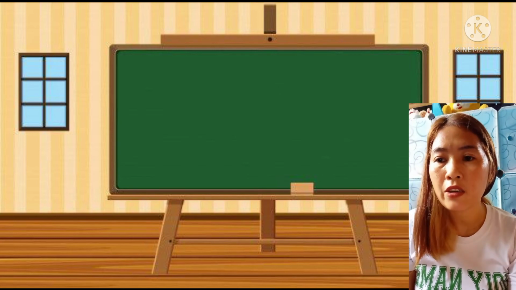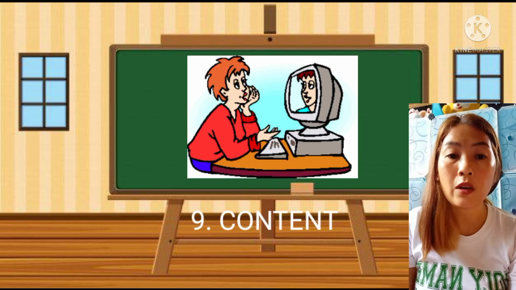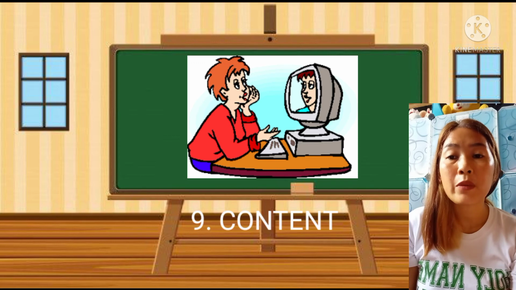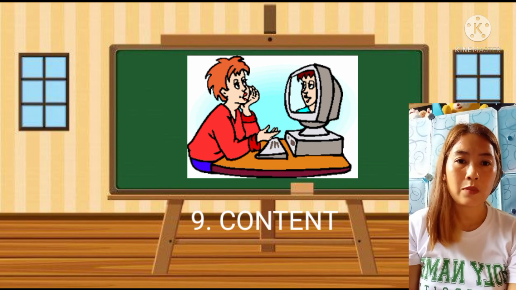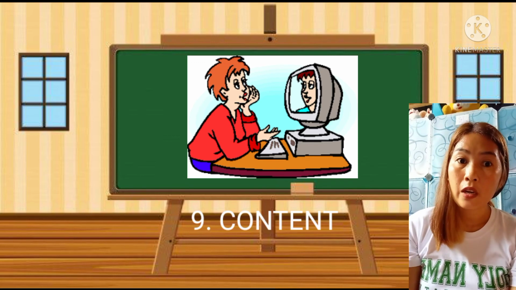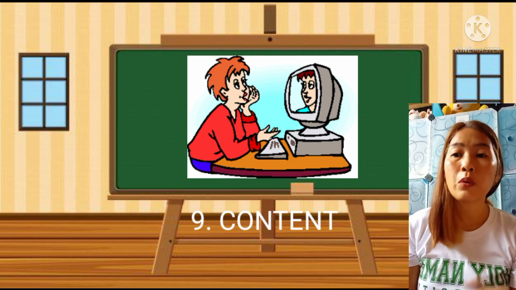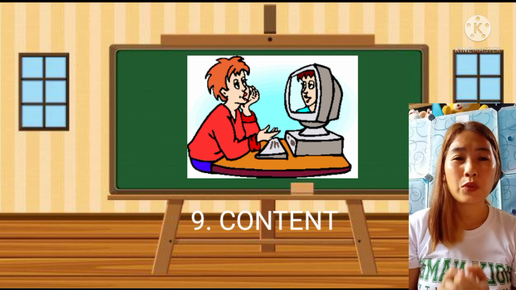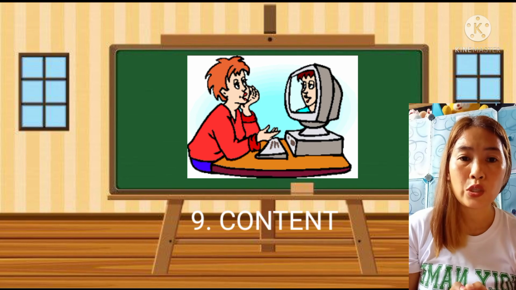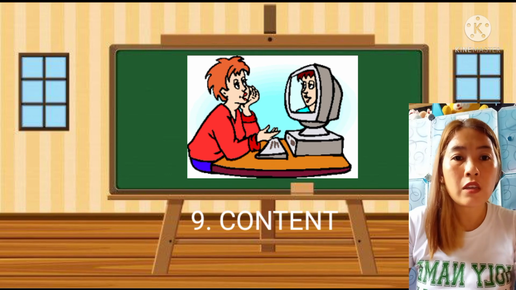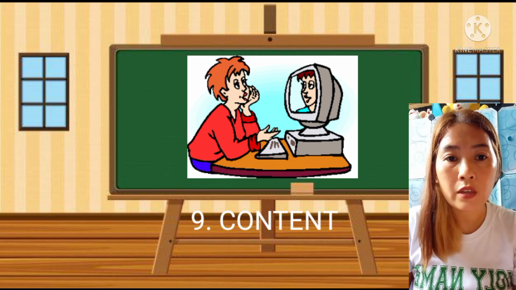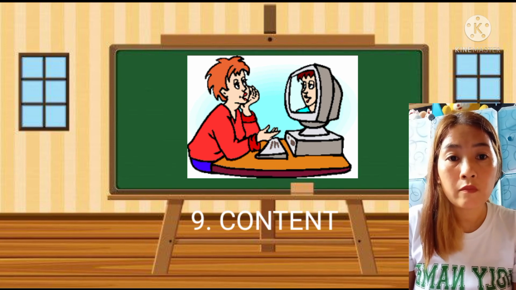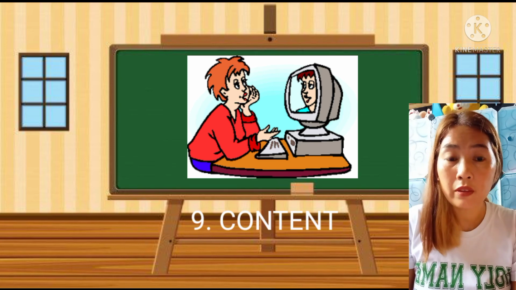Okay, next is the context. Unsa man ning context class? So, the context refers to the environment where communication takes place. So, importante ang lugar, kung asa ka nisulti sa imong gustong ipaabot nga message. Kintahay, nanguyab ka ani niya, maingon ka niya, Miss, I love you, nga naaday mo sa CR.